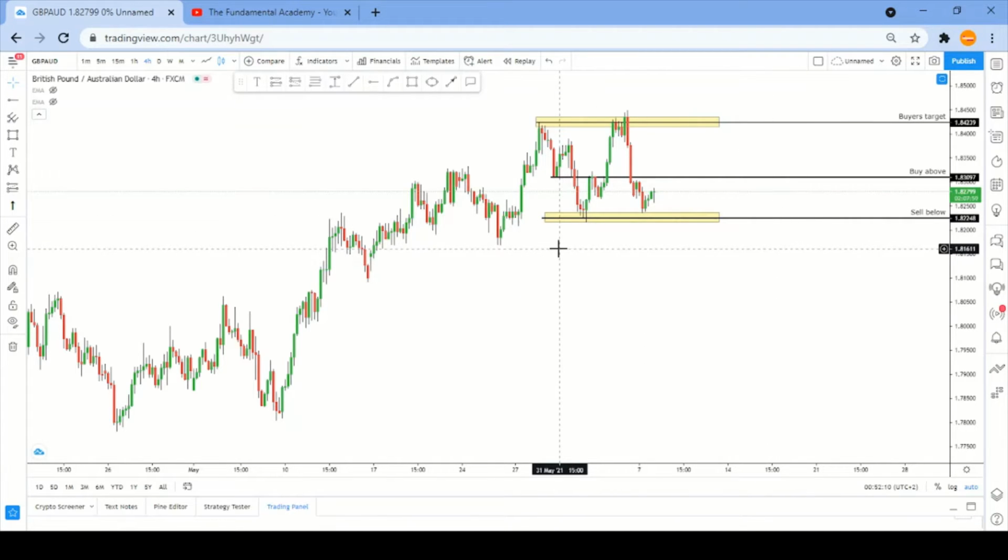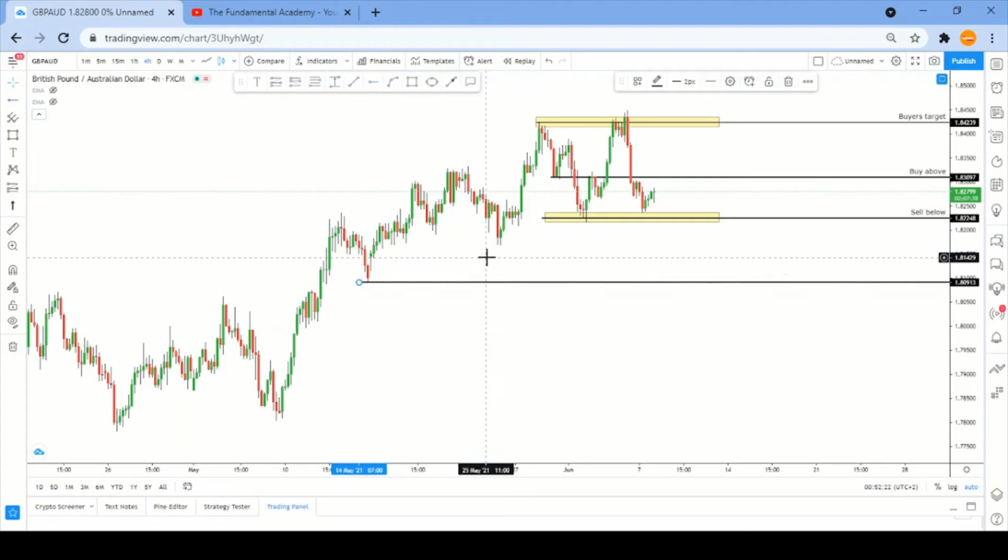Okay, my seller's target would be a very tight trade to take. I'll be looking to target areas as low as 181. The reason being is I'm not too worried about these levels over here at 182 because it's quite a huge cluster of wicks.